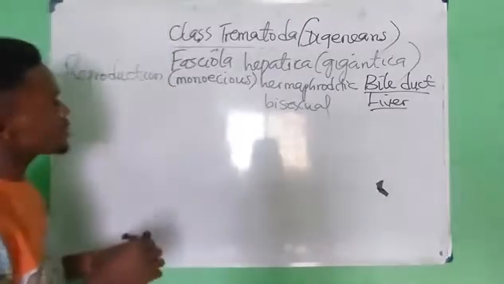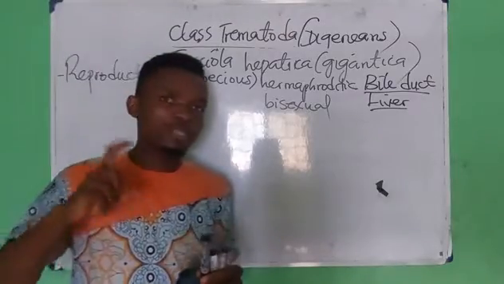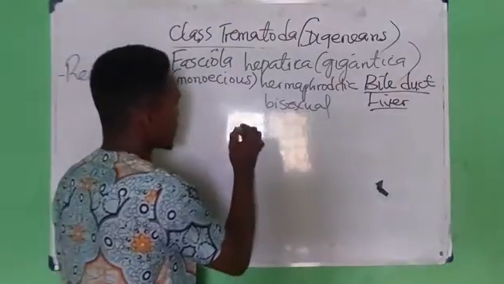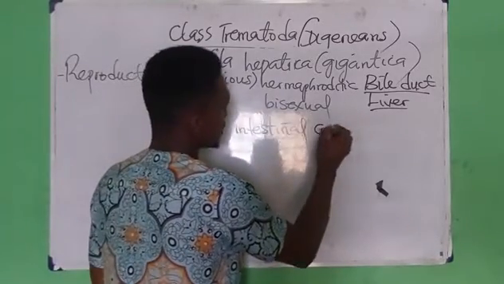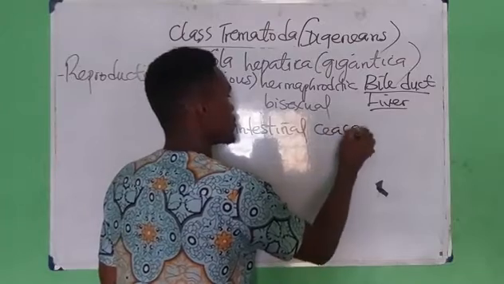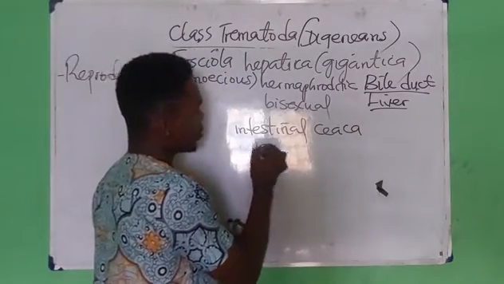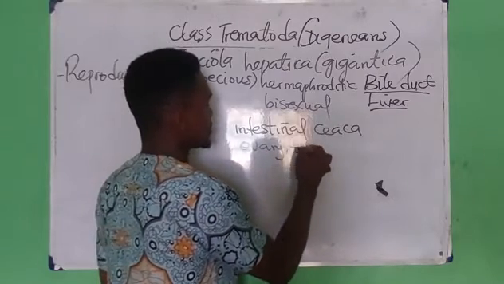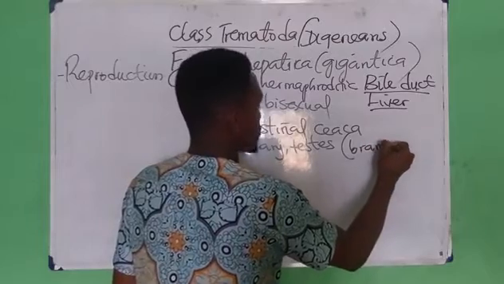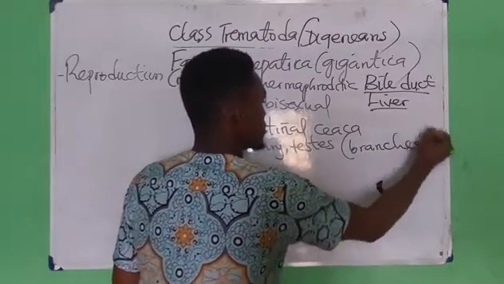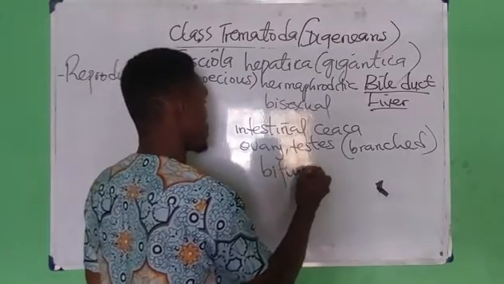Apart from that, also take note that the most striking feature of this organism is that their intestinal ceca, ovary, and testes are branched. Are what? Branched. If you don't say they are branched, you say they are bifurcated.